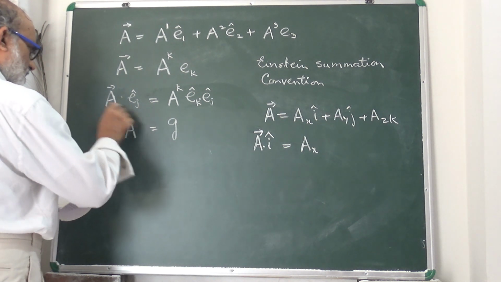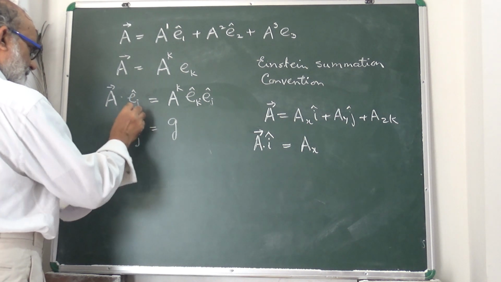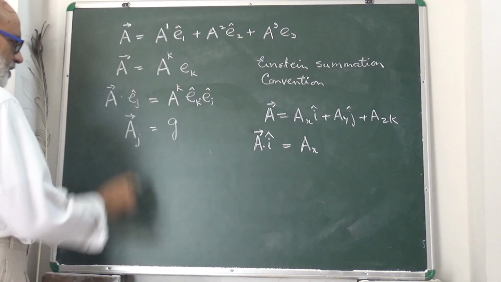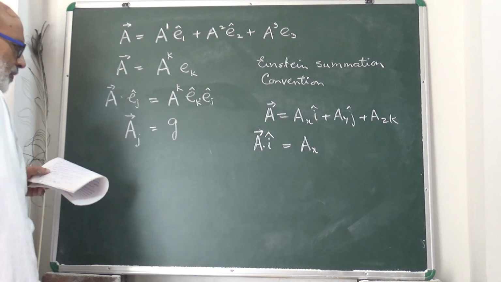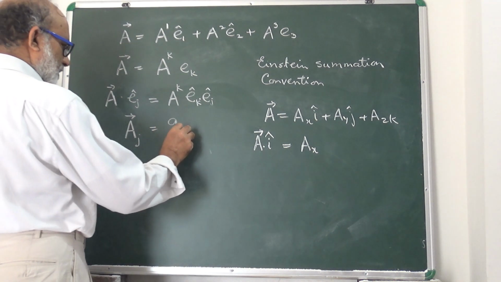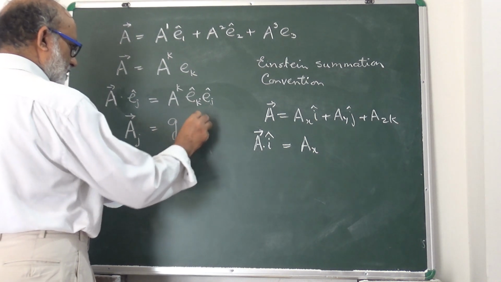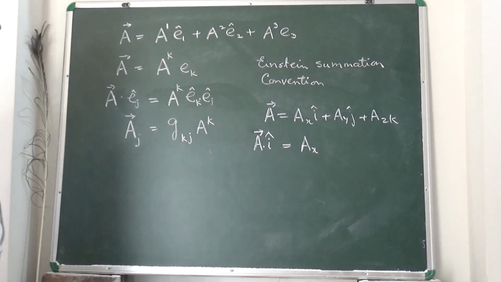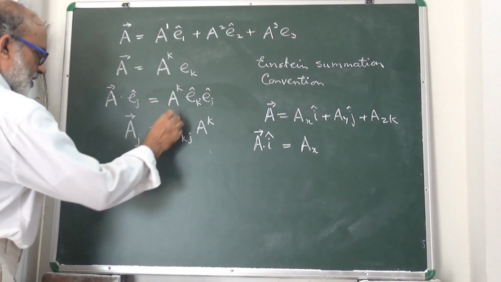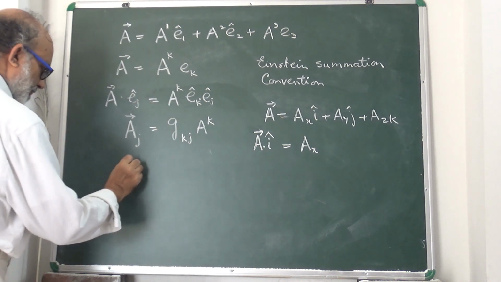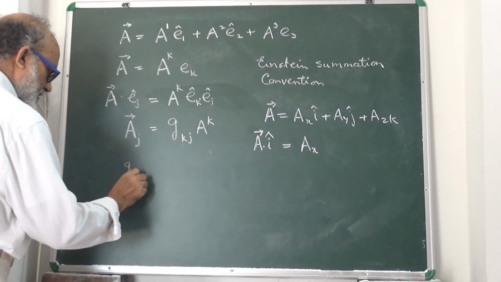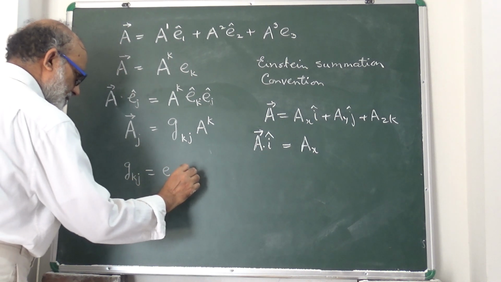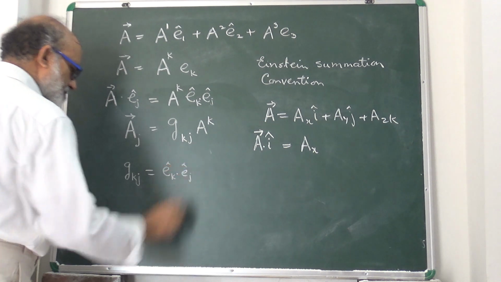This is the jth component, as here it was the X component. It is given by G KJ times AK, where G KJ is EK dot EJ.